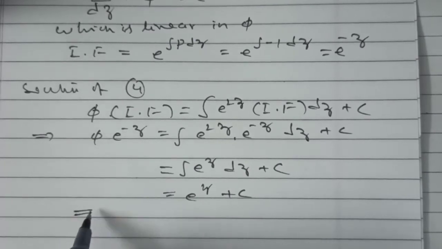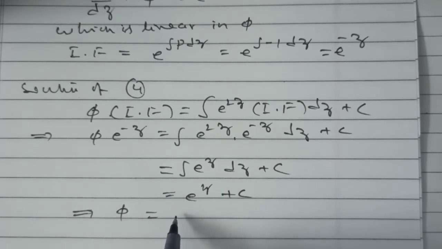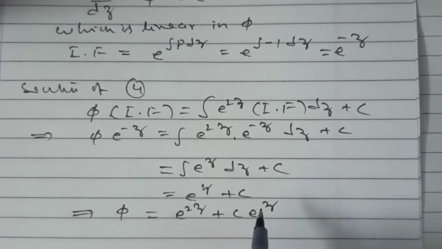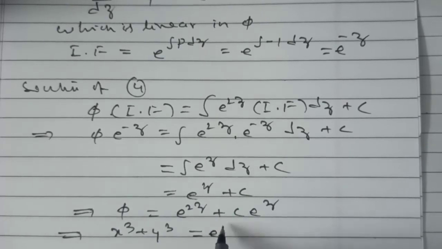This implies phi is equal to, dividing by e power minus z on both sides, e power 2z plus c e power z. So phi value, x cube plus y cube, is equal to e power 2z plus c e power z. It is from 2.